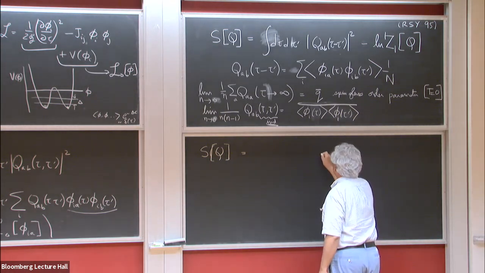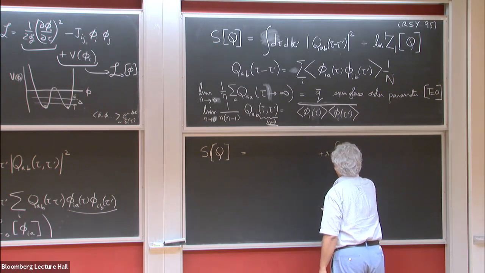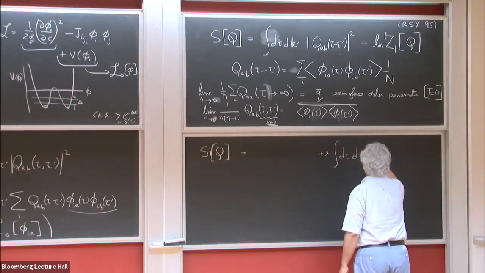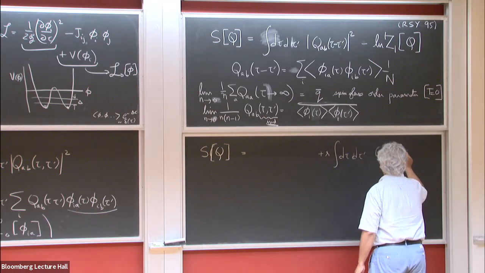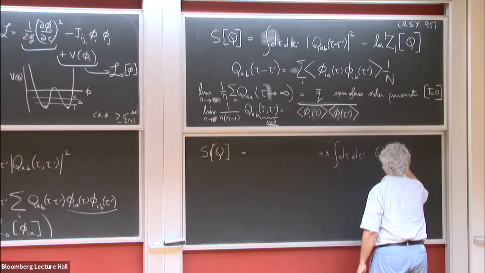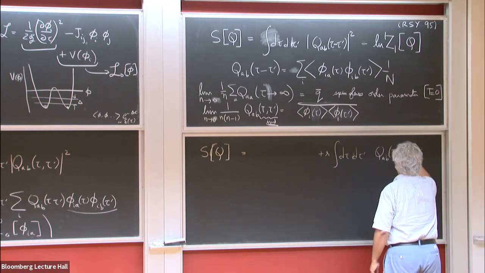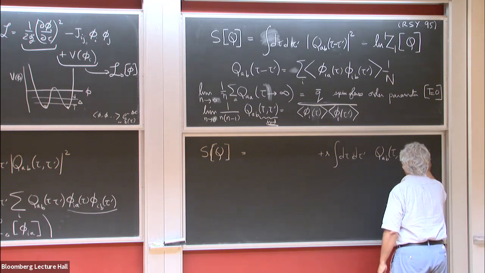But you'll get terms like plus R integral d tau prime, sum on AB, QAB of tau. Let me write it out in a more general notation that is needed to expose the full structure: QAB BA of tau prime tau.